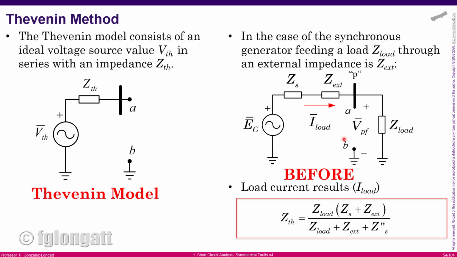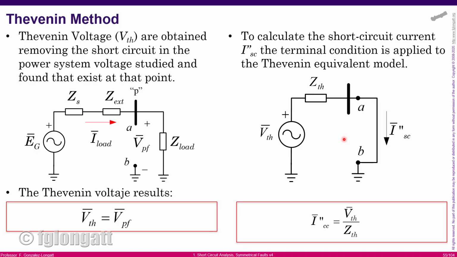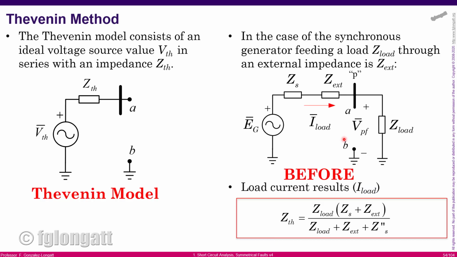Very simple, it is VPF, the voltage previous to the fault at the point P. Then the next step is, okay, now what we need to do is calculate the Thevenin impedance. Well, the Thevenin impedance is extremely simple. The Thevenin impedance is calculated between terminals A and B.